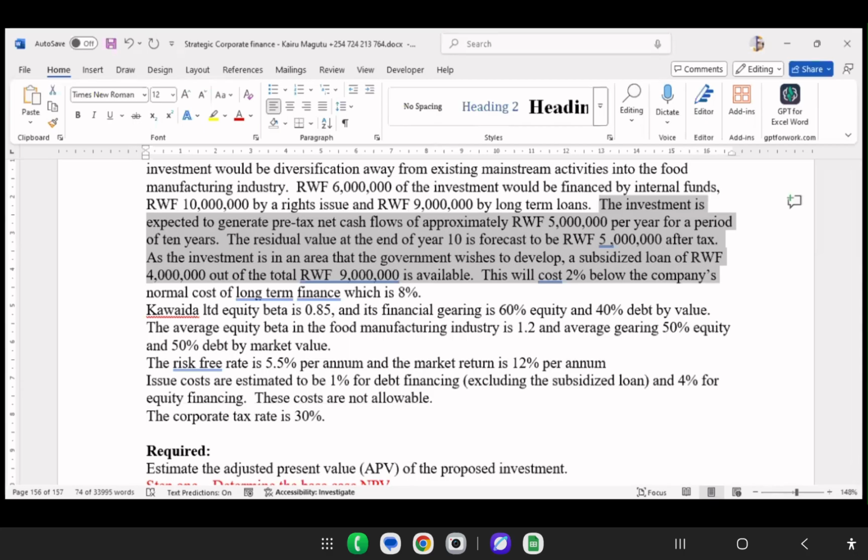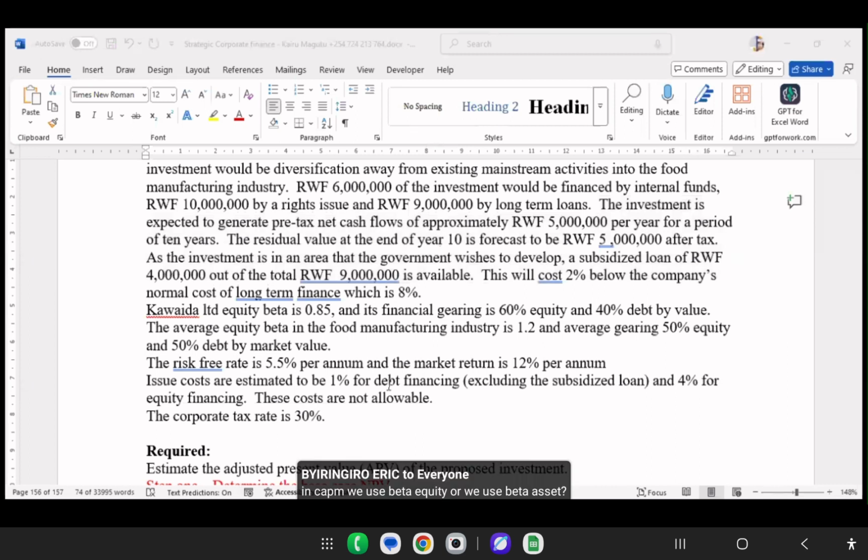So we need to establish what is the cash flow that will be generated by this project. We are given the earnings before depreciation and taxes of 5 million. We need to subject it to the tax, then we determine the annual cash flow.